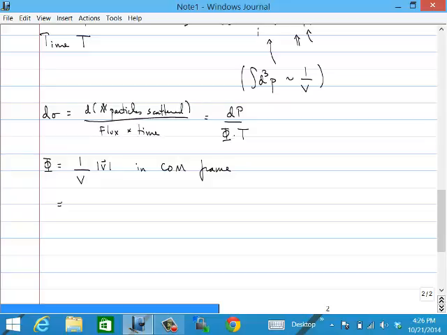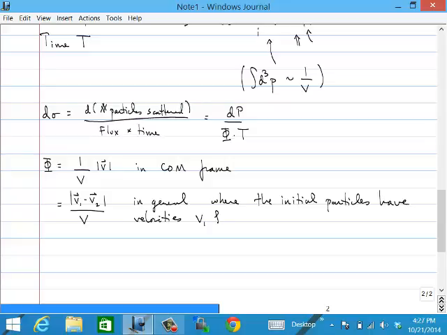Or in a general frame, V1 is not necessarily equal to V2. So this is V1 minus V2 over the volume in general, where the initial particles have velocities V1 and V2.